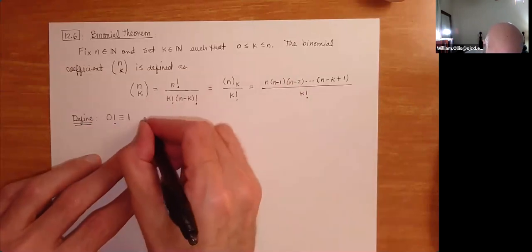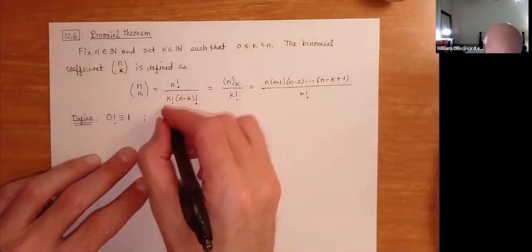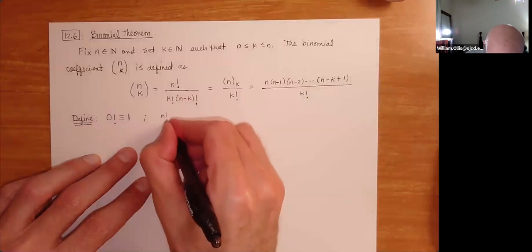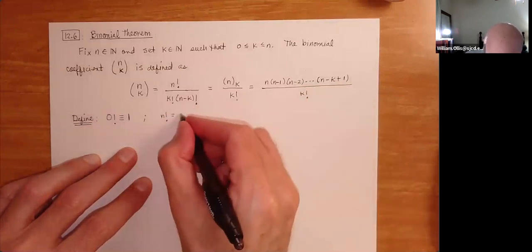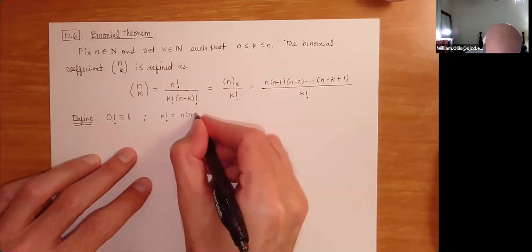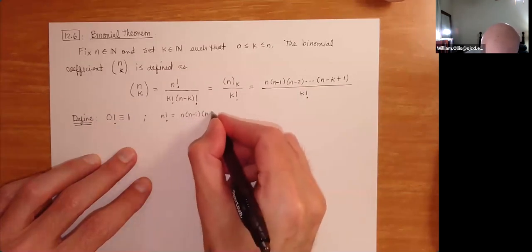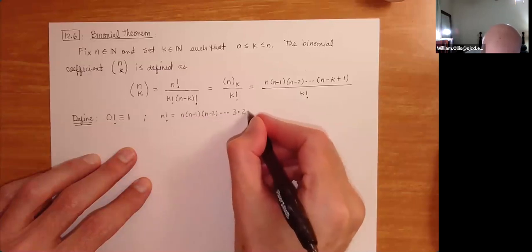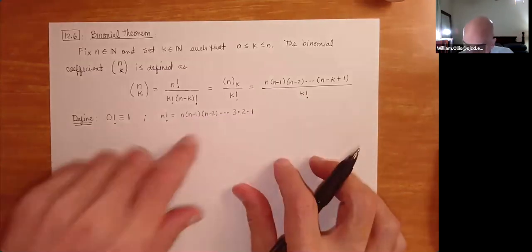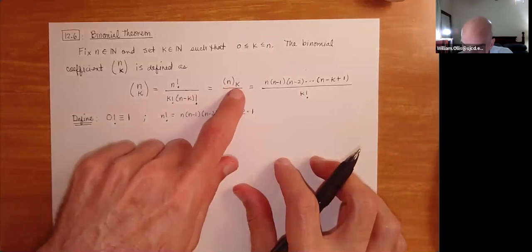And then of course, k factorial or n factorial is just the falling, but it goes all the way down to 1. n minus 1, n minus 2, and then we just descend all the way to 1. So when you have the n perm k, this stops at k factors.